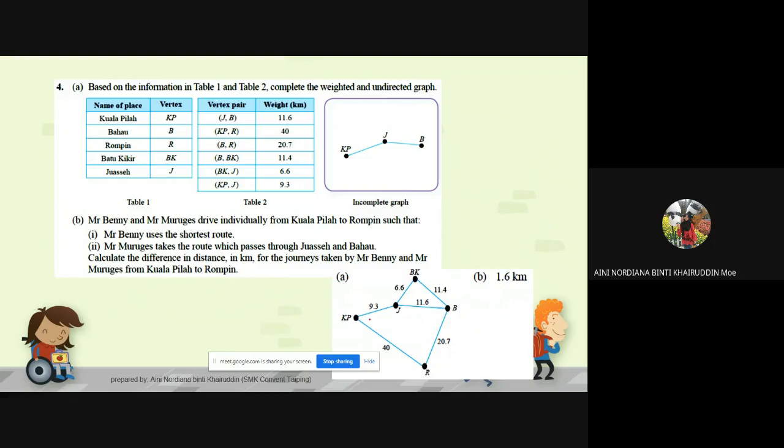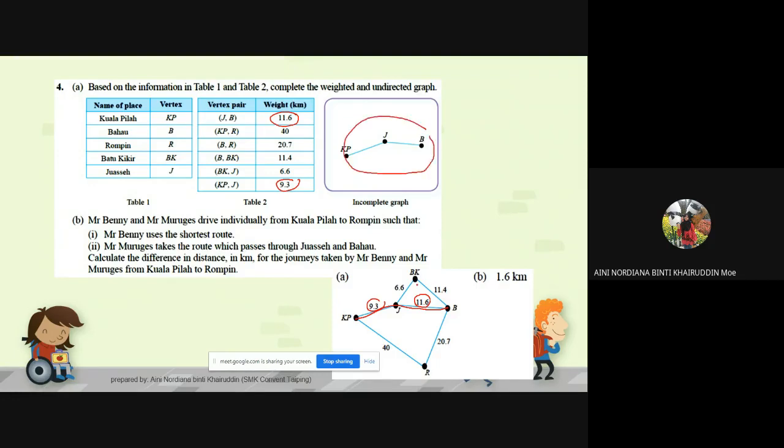So first complete this graph. Kuala Pilah to Juasseh, 9.3. So right here 9.3. Juasseh to Bahau 11.6. So right here 11.6. So this is the given incomplete graph here.